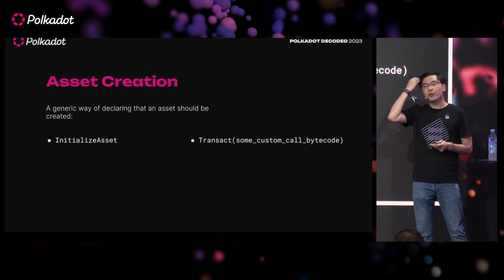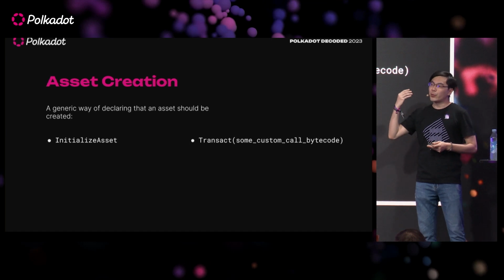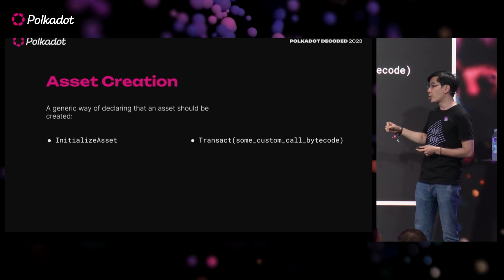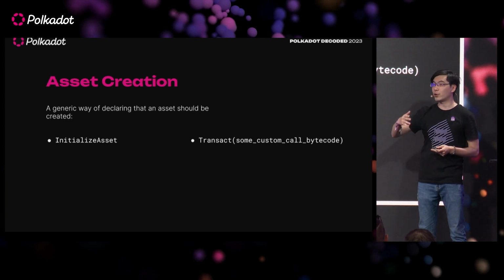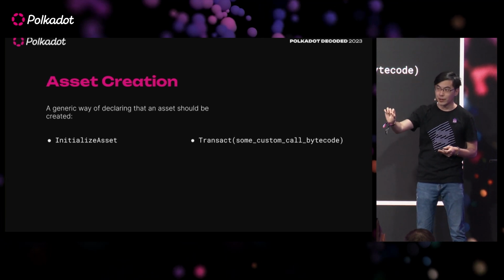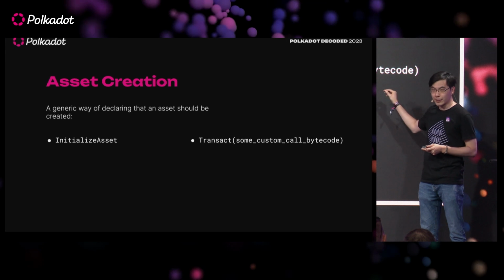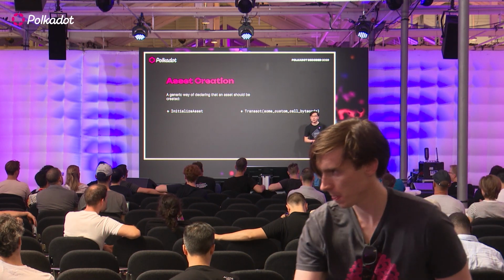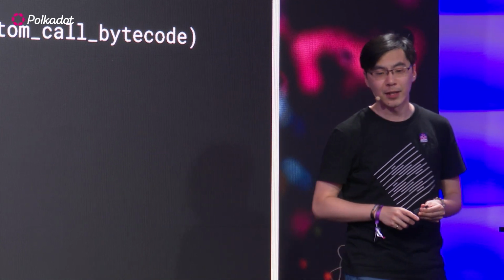If you want to use XCM to create a new asset nowadays, you have to make a call to the target chain using the transact instruction to call an extrinsic on the target chain that specifically mints or creates an asset. Initialize asset is a generic way of expressing that.